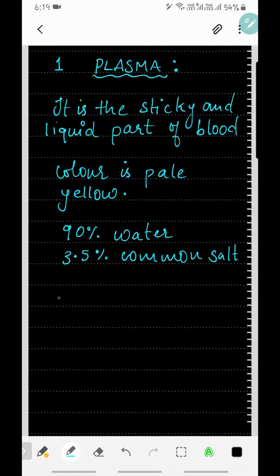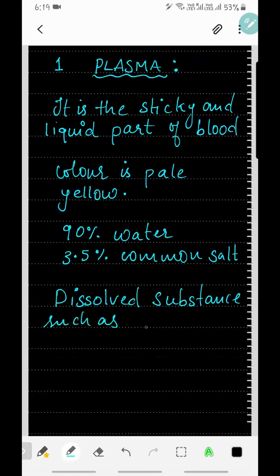It has dissolved substances such as digested food and waste products.